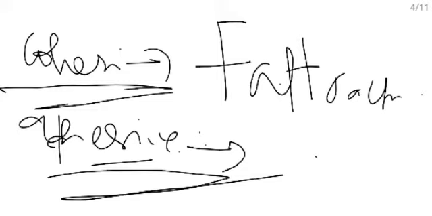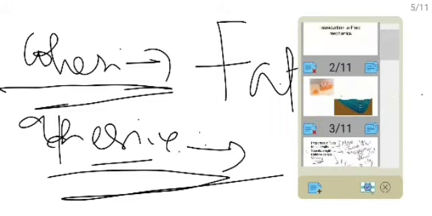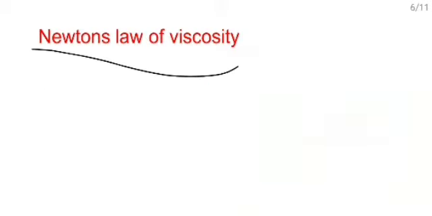So at the bottom of the river bed it is dragged backwards, and this bottommost layer will be pulling the layer just above it backwards again. That property is viscosity. You should know in detail about viscosity and Newton's law of viscosity.